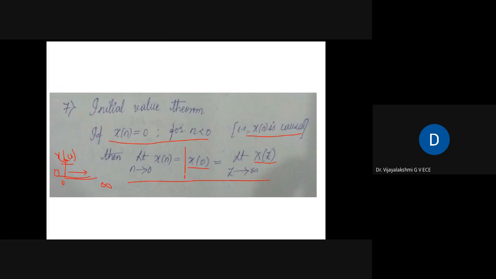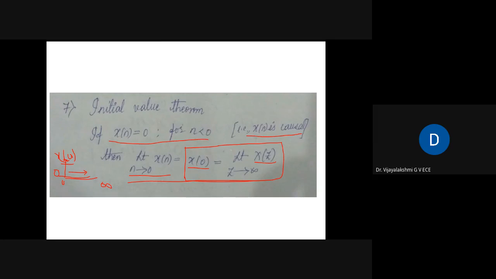Please understand, if x of n is the causal signal, then its initial value x of 0 can be found out by using its Z transform x of z by applying the limits on x of z as z tends towards infinity. So if you do this, you will get x of 0. This is just by definition. From x of n, how do I get x of 0? By applying the limit n tending towards 0.